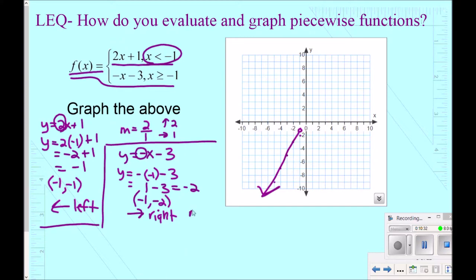So my slope is -1 over +1. So normally, -1 over +1 means we're going to go down 1 and right 1. And right is the direction that I just said we wanted to go in. We want to go to the right of that point. So that's exactly what I'm going to do. I'm going to start at that point, and I'm going to go down 1 and to the right 1 a few times.